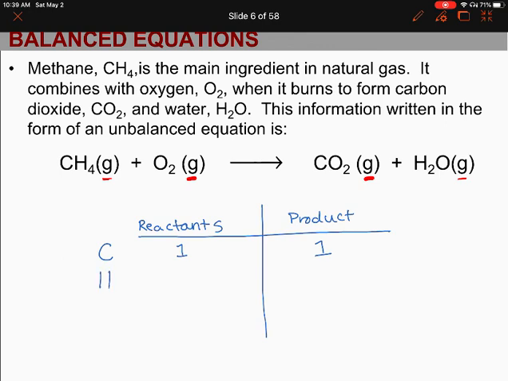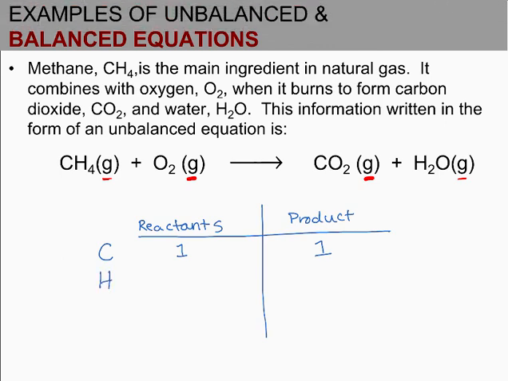Let's look at hydrogen. So on the left-hand side, our reactant side, we have 4 hydrogens in CH4. And then on the product side, we just have 2 hydrogens in water. Okay, so things are no longer balanced.